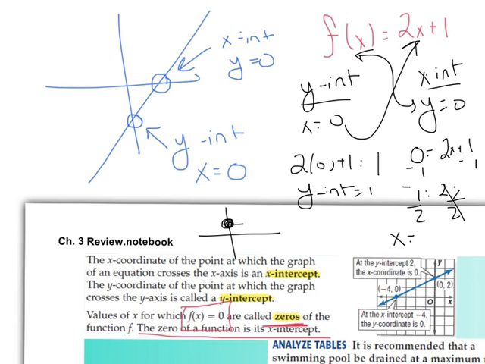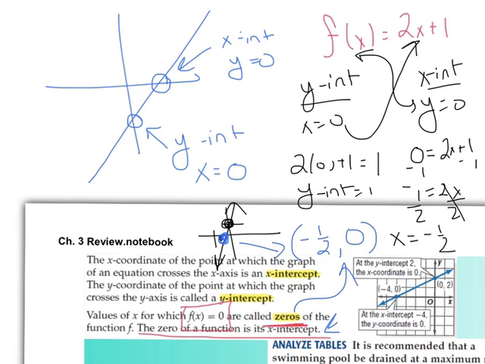Therefore, x would be -1/2, so my x-intercept would be at -1/2, and that would be my line. Now, if I'm looking for zeros, I know that my zero is the same as my x-intercept, therefore my zero is right there, at the point -1/2, 0.